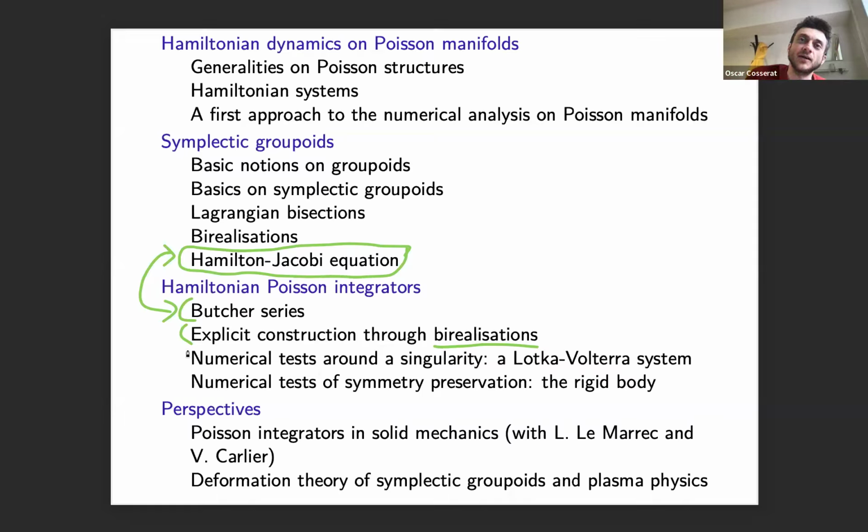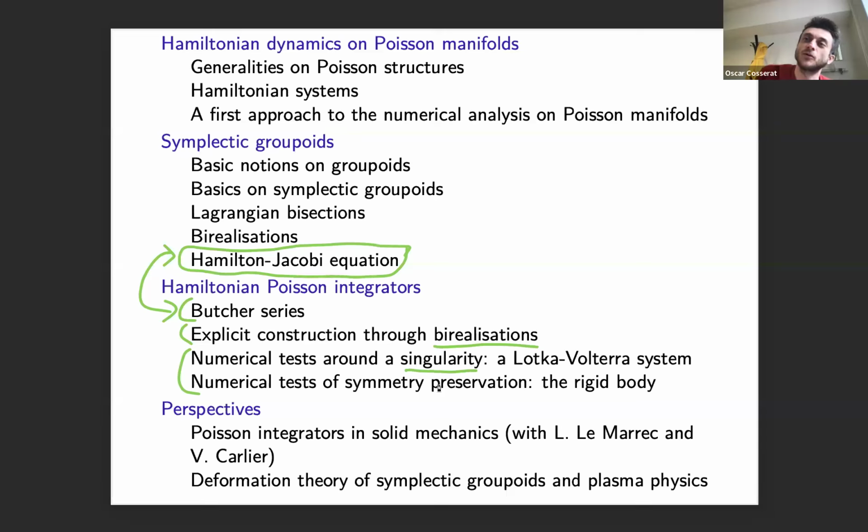And then I will show two numerical simulations, two benchmarks of the numerics we constructed. So the first numerical test will be around a singularity.